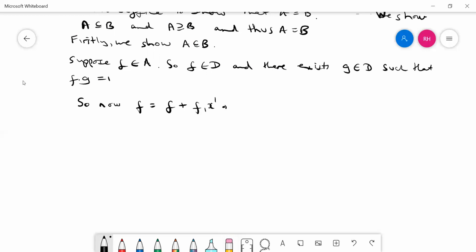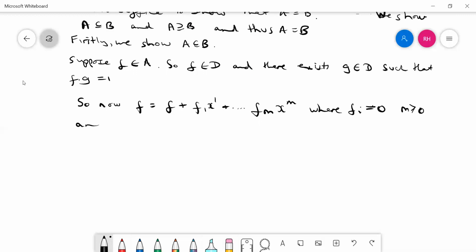And we can make m greater than or equal to 0.